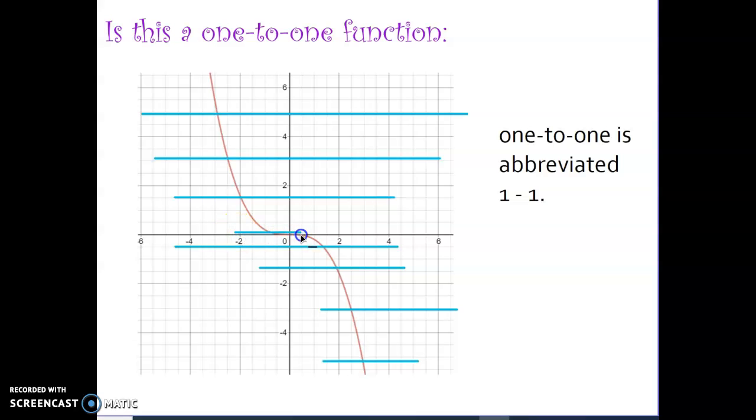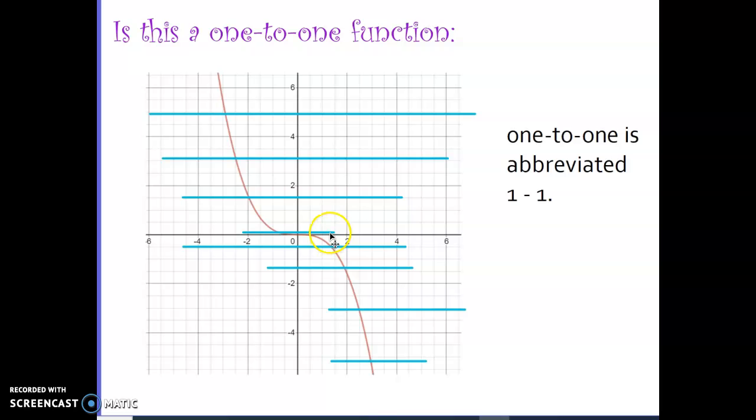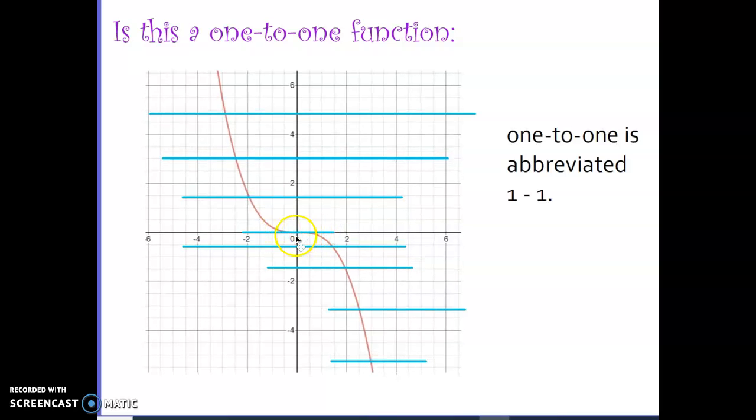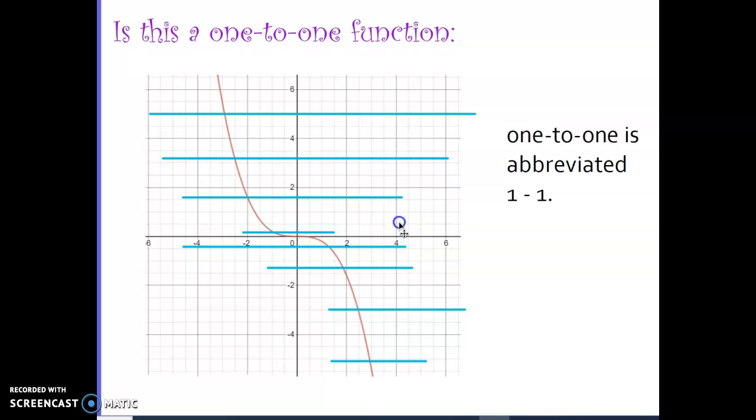If I put one right on the axis, it looks like the graph is flattening out on the axis, and it looks like the line goes through more than one point right there. But that's just because of the limitations of our technology. In reality, if we could zoom in, zoom in, zoom in, you would see that this has different y values. It's just that with our limitations, we have to draw so far away that you can't see them.